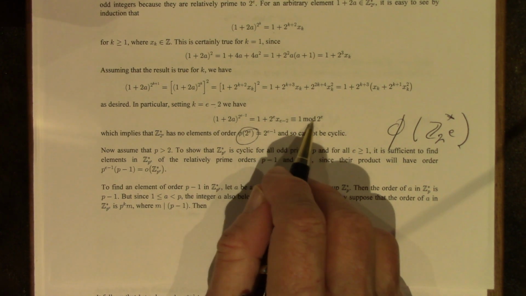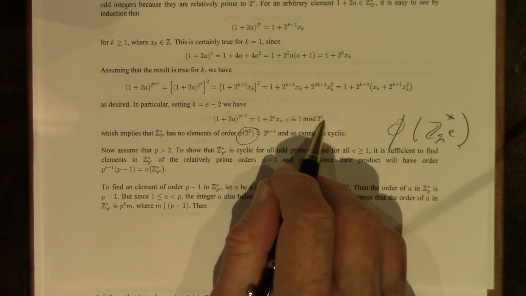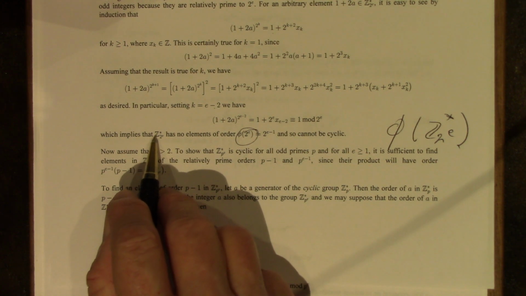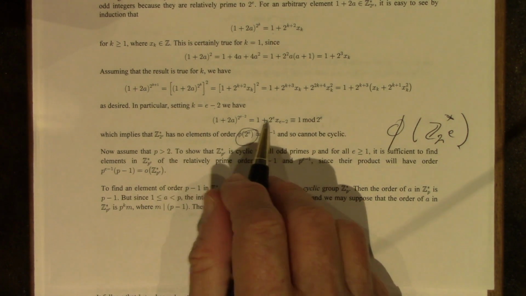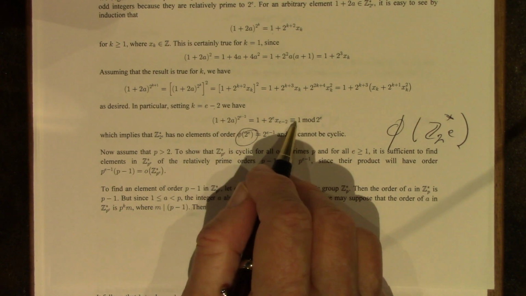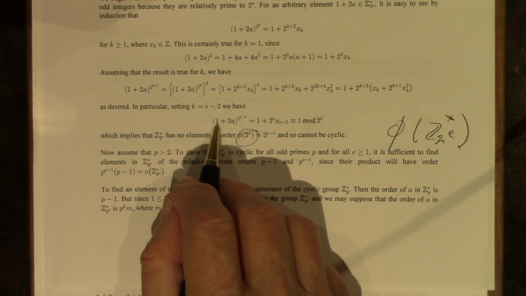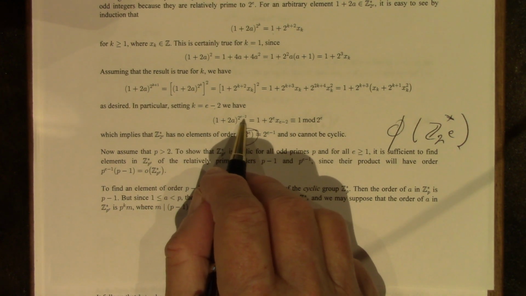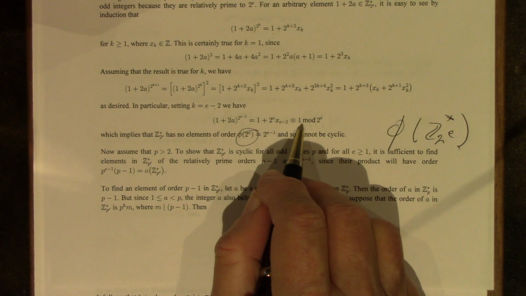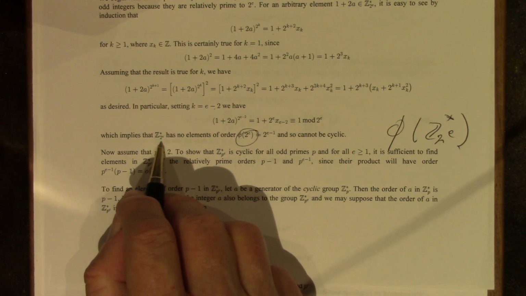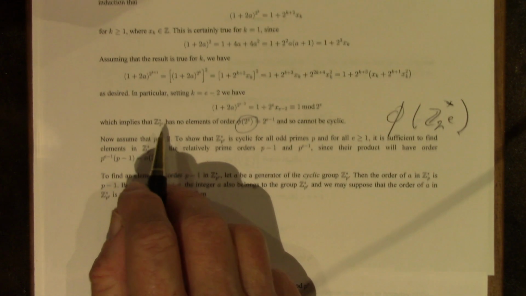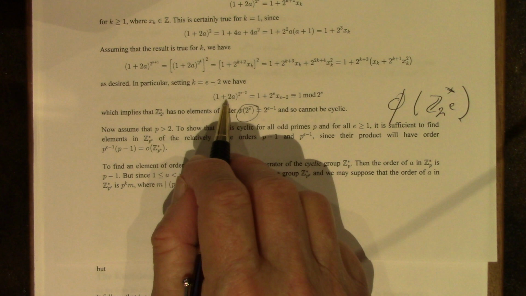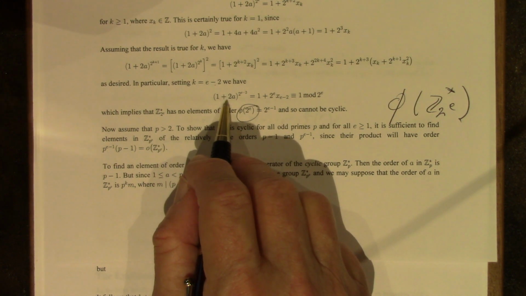This is congruent to 1 mod 2 to the E. Or as elements of this group, Z2 to the E star, what this is saying is that if you take an arbitrary element 1 plus 2a in this group and raise it to this power, you get the identity, because in here you do everything mod 2 to the E.